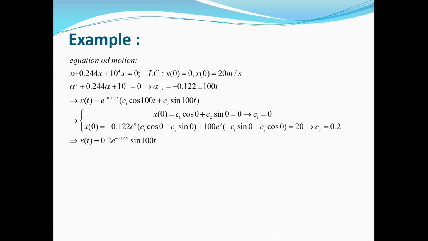Okay, similar to the previous section, we can solve this equation. This is a second order ODE. Easily we can find the roots of the characteristic equation. The characteristic equation is alpha squared plus the coefficient of x dot times alpha plus the coefficient of x.